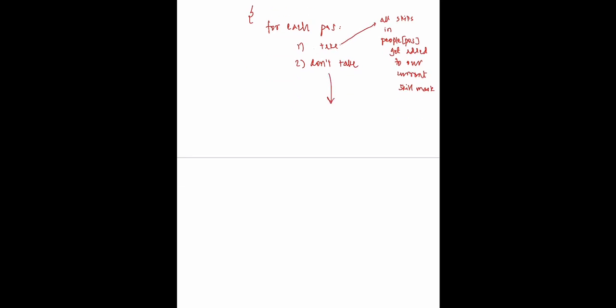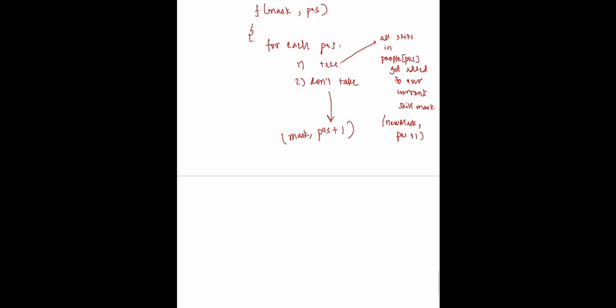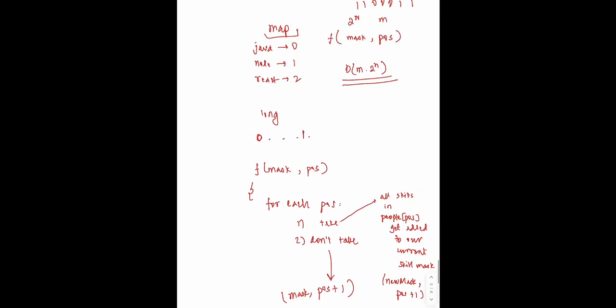In the don't take scenario, we just increment pos by pos plus one. We do not change the mask. So the next state after not taking would be just mask and pos plus one. And in the take case, it'll be the new mask and pos plus one. Okay, so this is very simple. Now it all becomes a matter of trying to implement it, right?